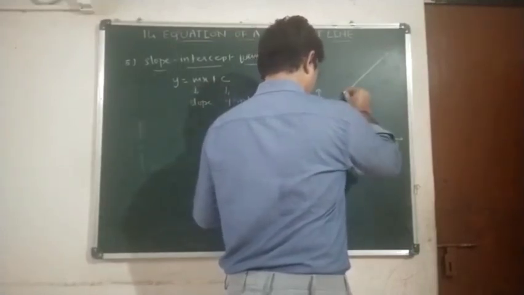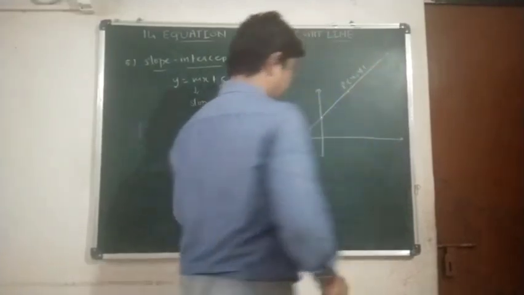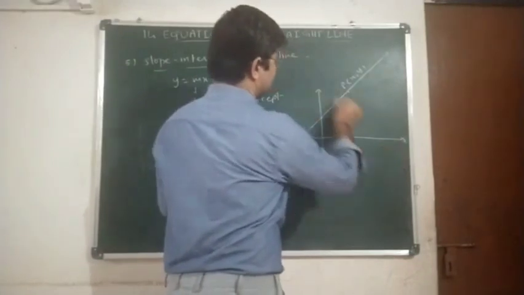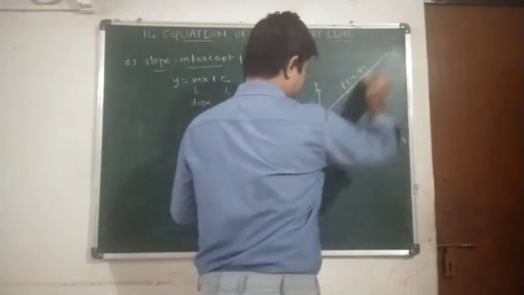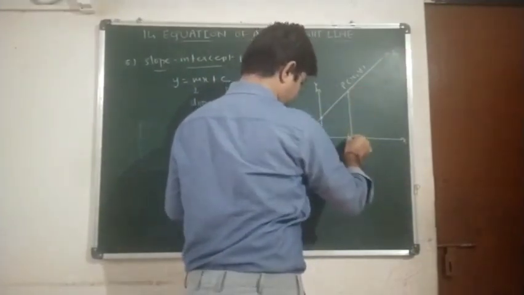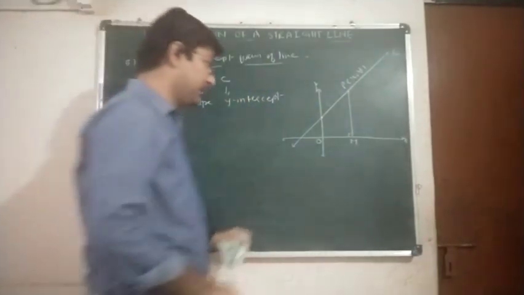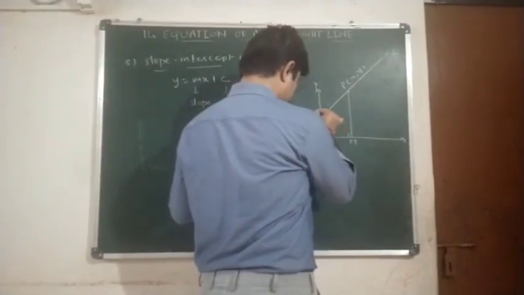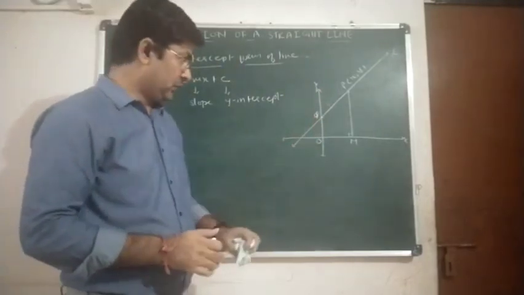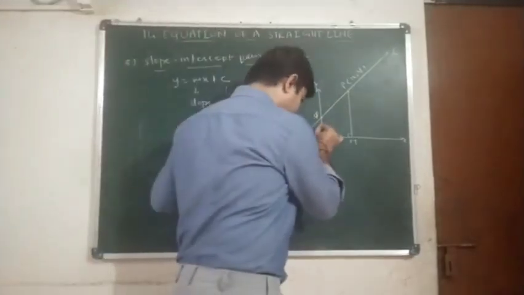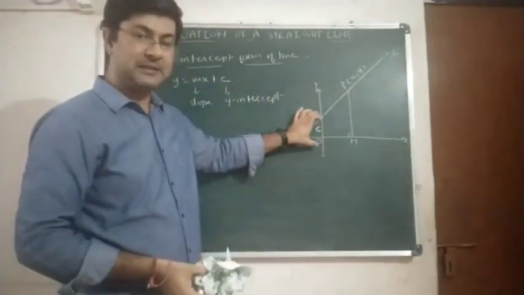Okay, so here I take point P having coordinates x, y. This is the x-axis, y-axis, O is the origin, and P is a point on the line L. We will draw PM perpendicular to the x-axis from point P, and let the intersection of line L and the y-axis be point Q. The length in this case we will consider to be C. Obviously OQ is a y-intercept, clear?